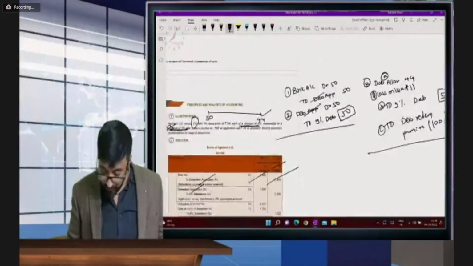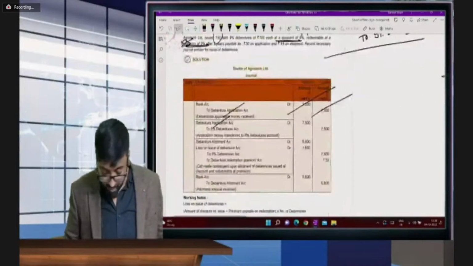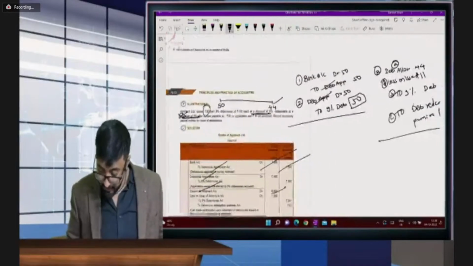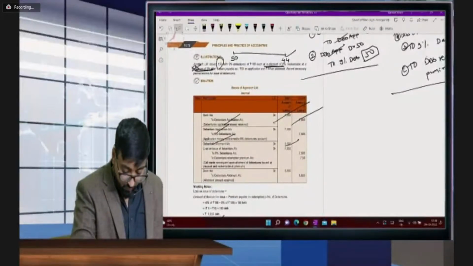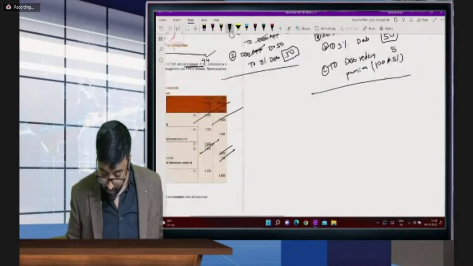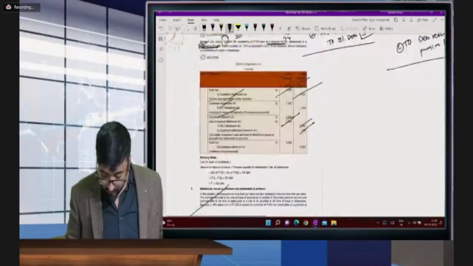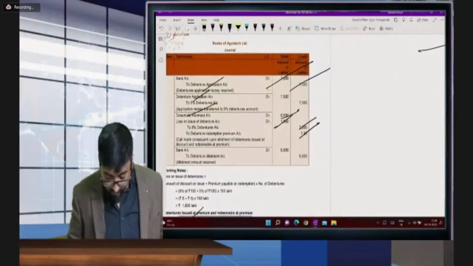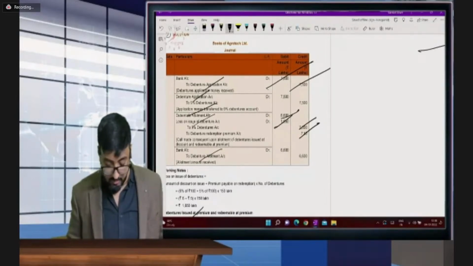Then 150 into 44, 6600. Yes. Then 11 into 150. Allotment will get cancelled.